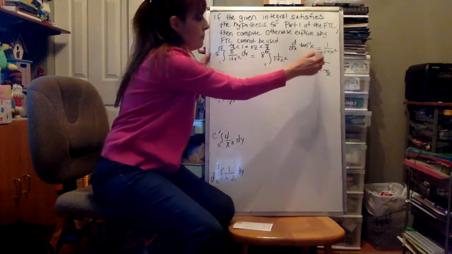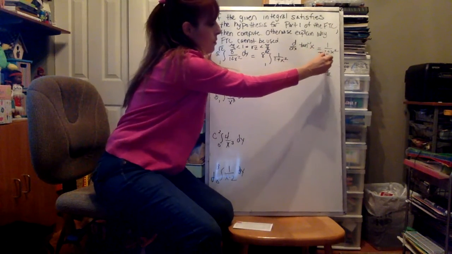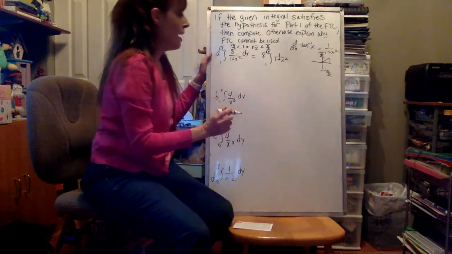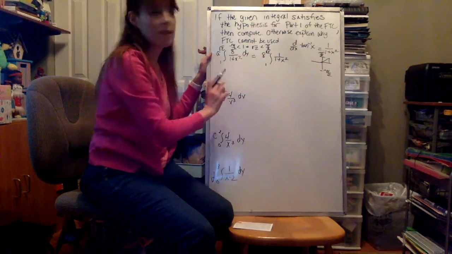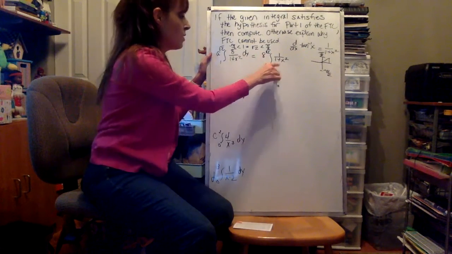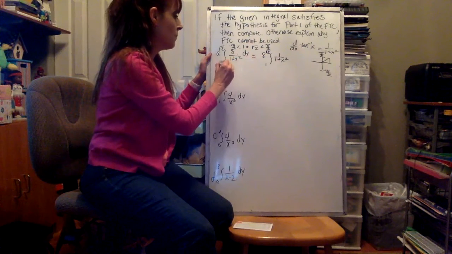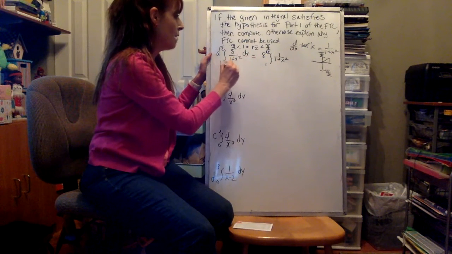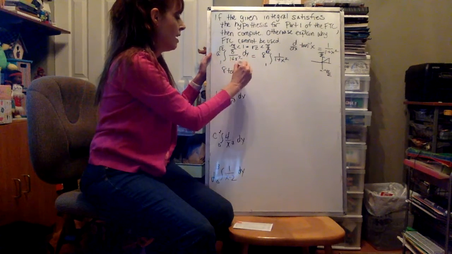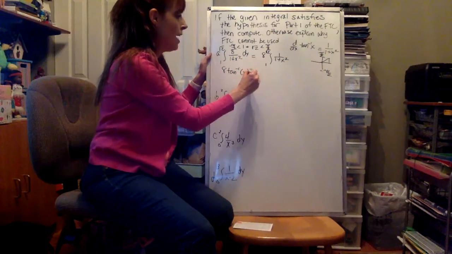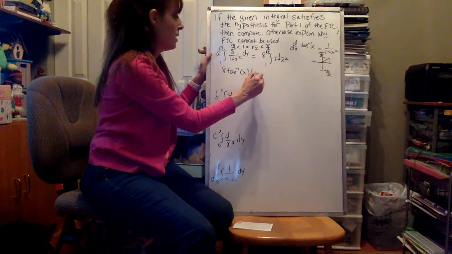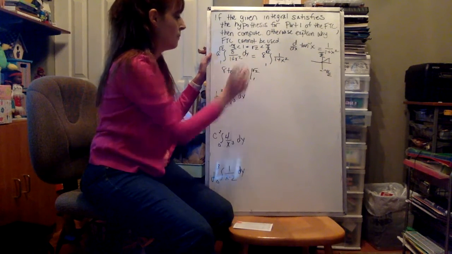All right, so let's evaluate. I'm going to put that up there so we can evaluate afterwards. So now let's integrate and then we'll evaluate. So this would be 8 times arctan of x, and we're evaluating that from 1 to the square root of 2.